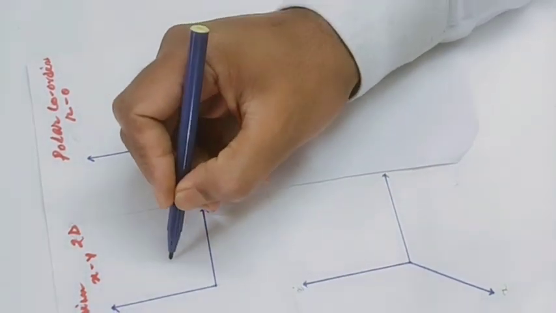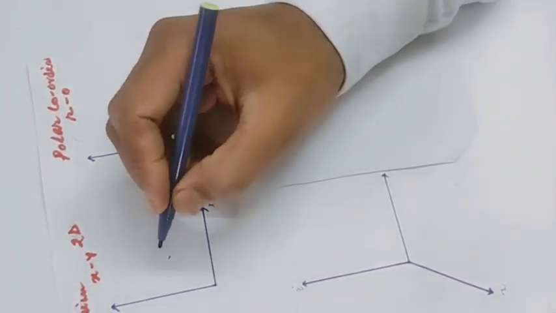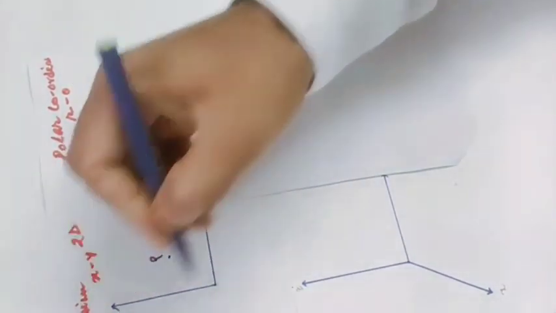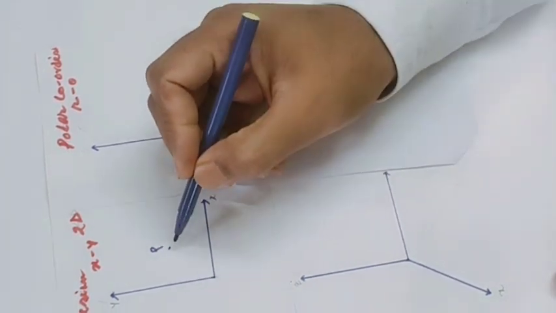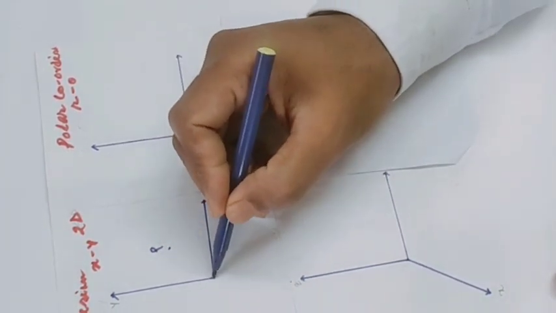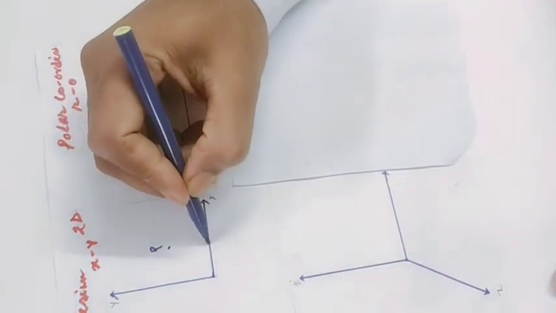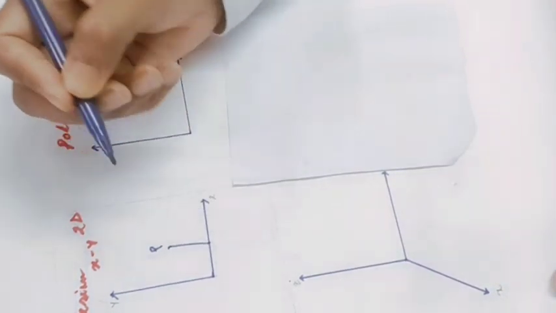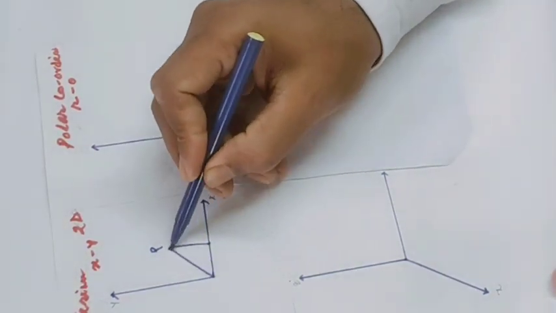Now if you consider any point in the 2D Cartesian coordinate system, suppose this is the point P we are to represent in two-dimensional space. Then you have to move along the x-axis first up to this point, and then move along the y-axis.